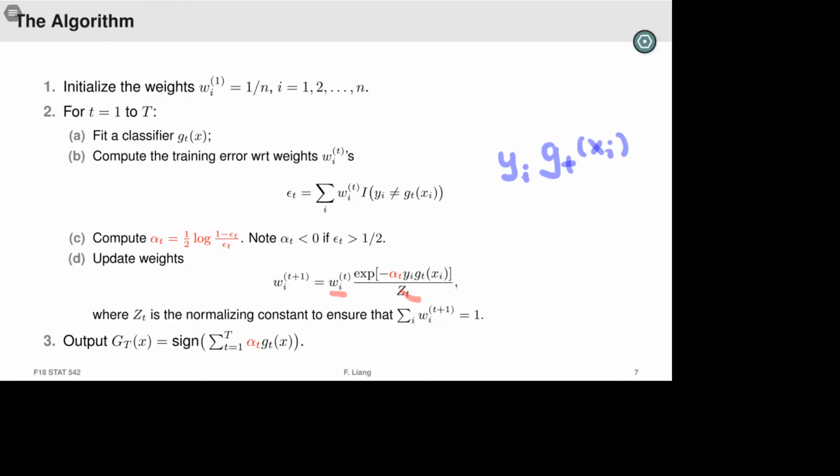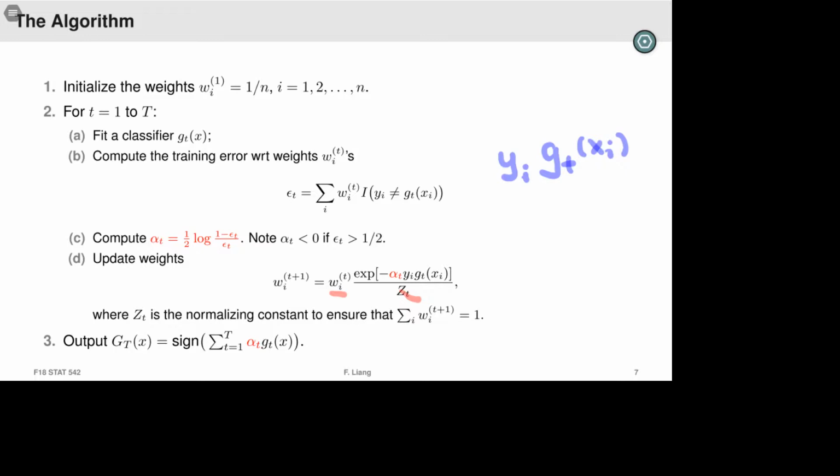Okay? So that means for the ith observation, if we are making a mistake currently at the ith observation, we're going to increase the weight, right? Because of the exponential of minus yi times G(x), this number is going to be bigger than 0. But at the ith observation, if we're doing okay, that means this product is going to be positive.